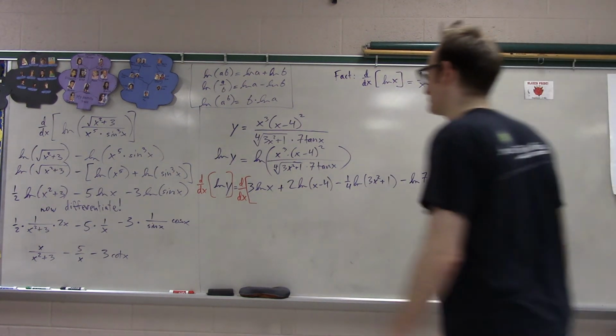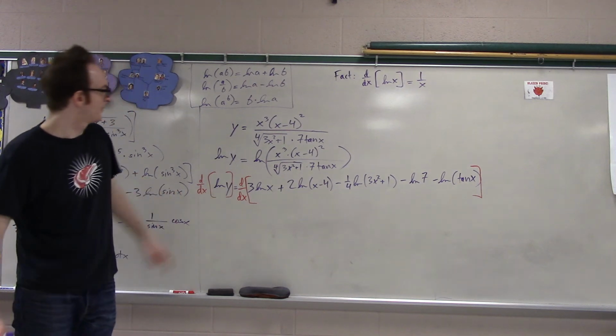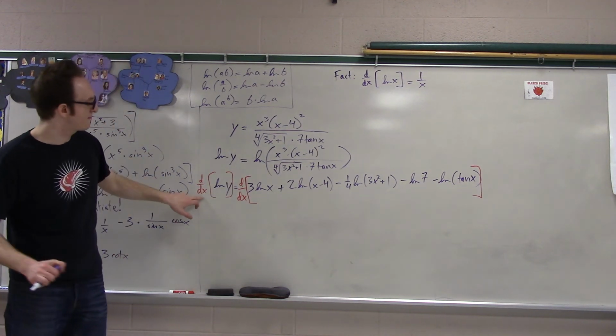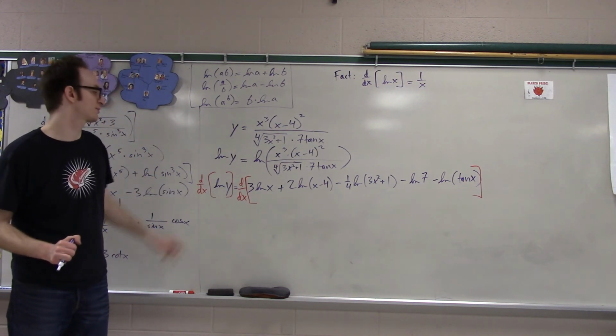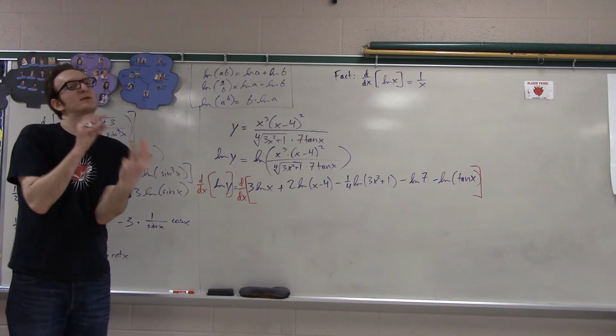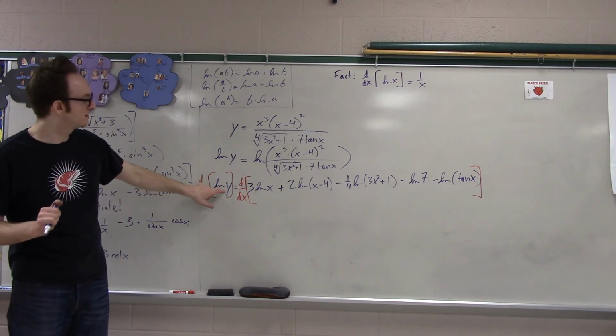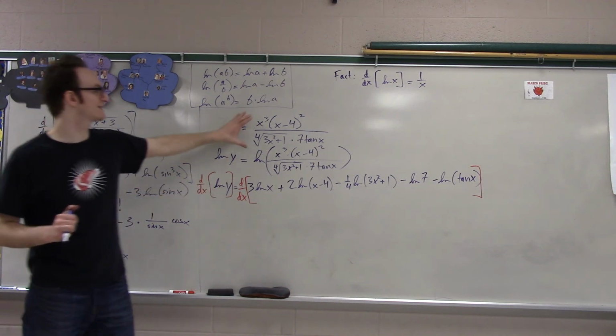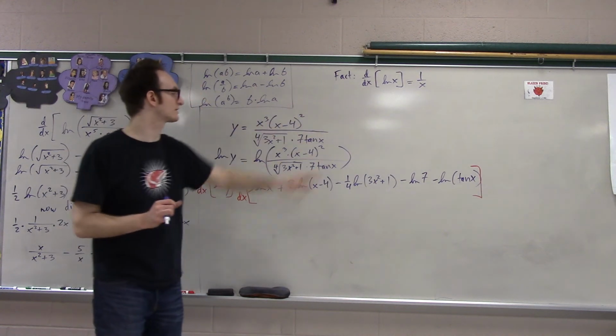But does it matter that this is a y? Well, it does matter because we're differentiating with respect to x, not with respect to y. So you need to understand that this y is itself a function of x.